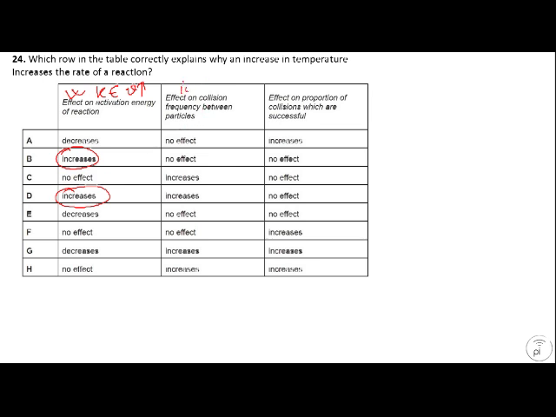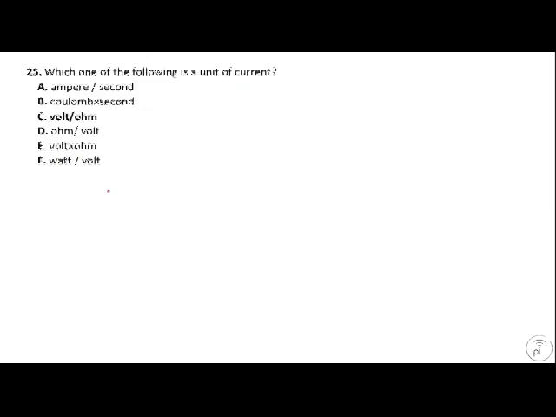It increases the collision frequency because there will be more collisions between particles because they have got more velocity. So it increases. So also increases. So the right answer will be then D, because on proportions there is no effect.